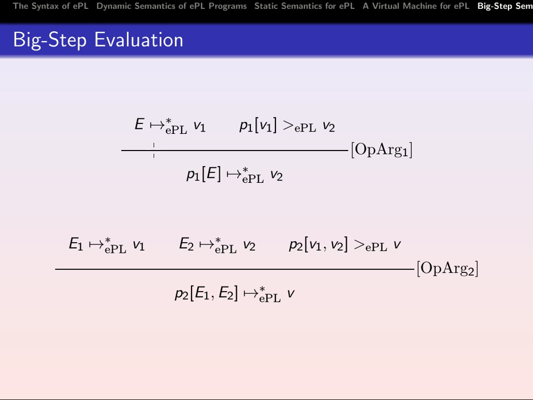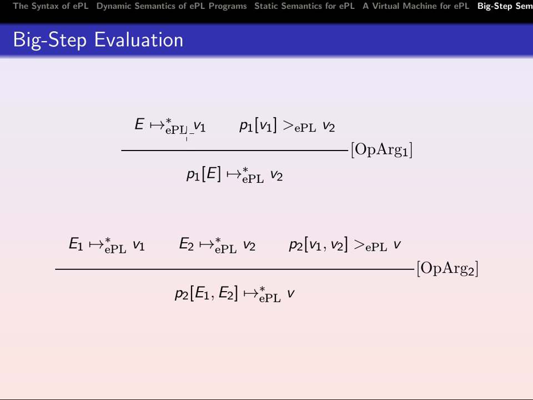So if you have a multi-step evaluation from E to V1 and you have a, let's say, primitive operation, right, that contracts to V2, all right, essentially, right, this is what the transitive and transitive closure is, right?